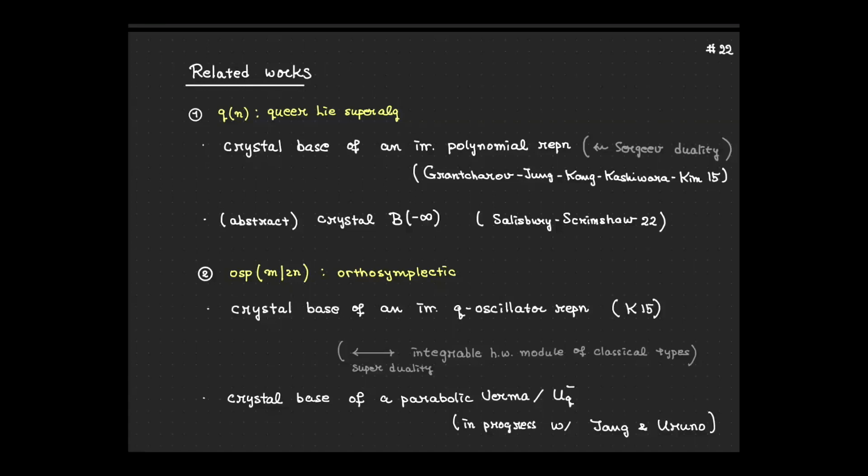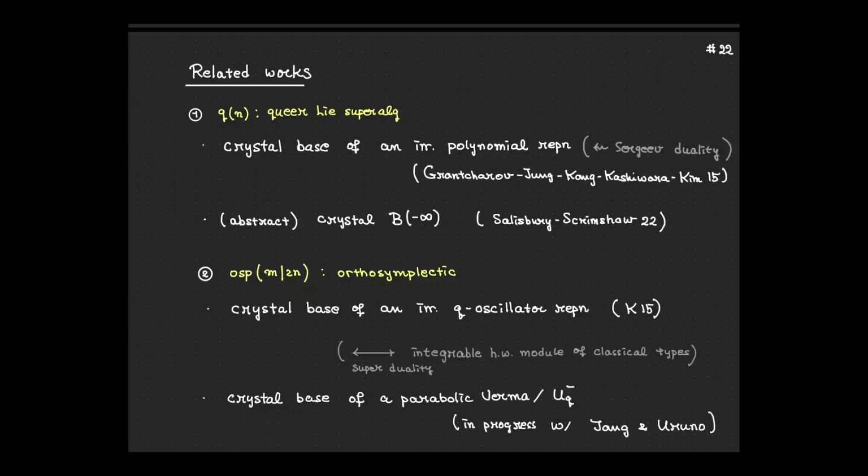And why that is possible is that from the viewpoint of super duality, which was established by Cheng, Lam, Wang and Kwon, this family of infinite dimensional representations naturally corresponds to the integrable highest weight modules of the classical Lie algebra, where there is a crystal base theory.